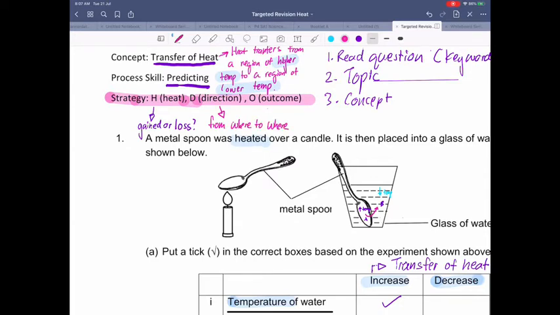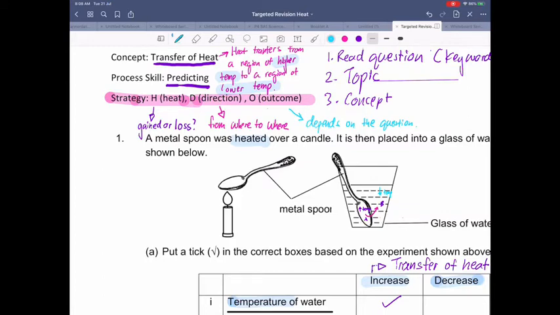And also, you have to indicate by putting a bracket which region is of a higher temperature, which I will exemplify for you later. Last but not least, the outcome depends on the question. So are they asking you, is there a gain in temperature, or what happens when you heat a pan? So it really depends on the question for the outcome. All right, that is where you need to adapt using this strategy.